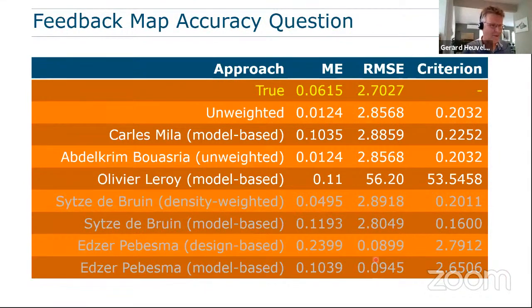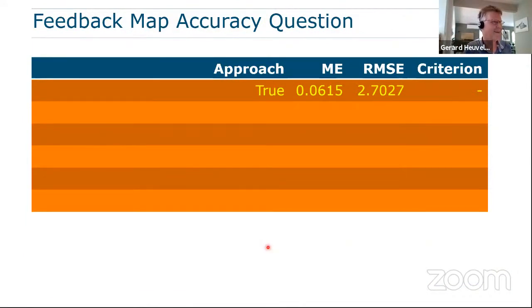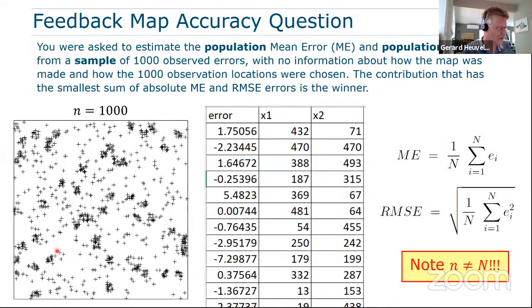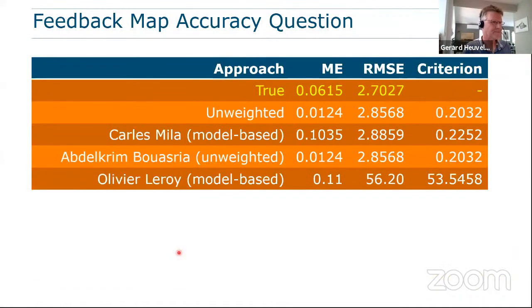Etzer took a design-based, very clever way: he looked at the sum, said there are clusters clearly, so let's identify the clusters and let's pay. Basically, it's a kind of density-weighted approach.